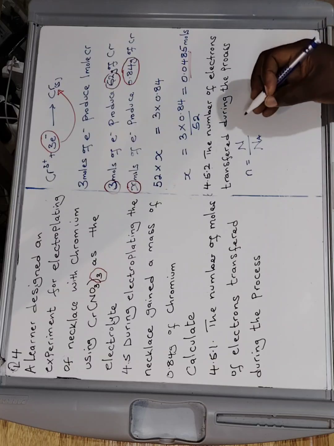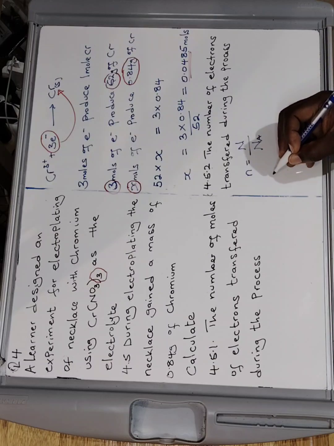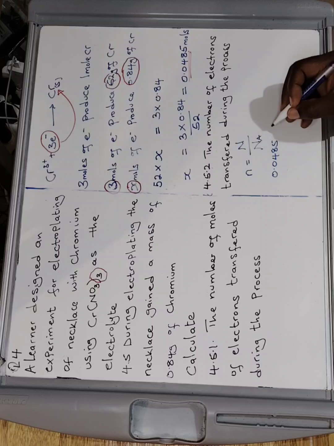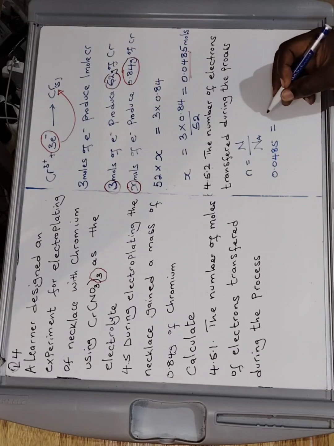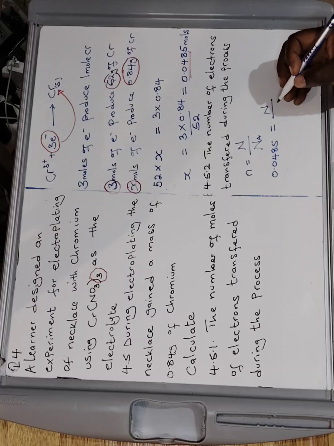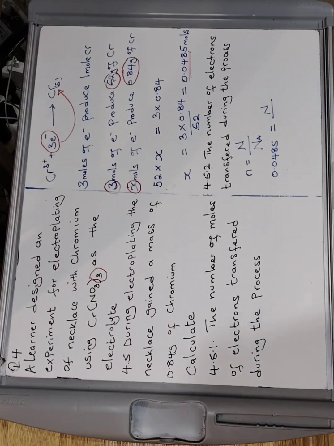So in this case, when you substitute, we know the number of moles of electrons is 0.0485, and the number of entities is what we are looking for, which is the number of electrons. Then let us quote Avogadro number and we get the number of electrons which were transferred.